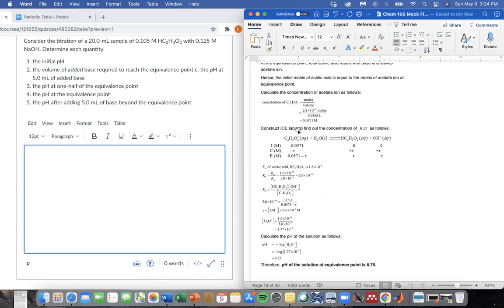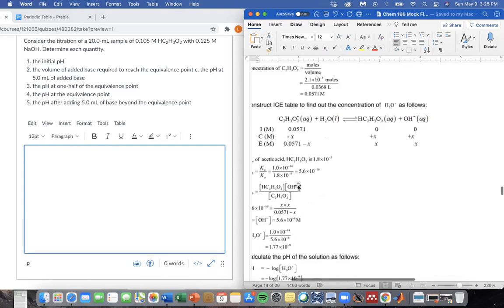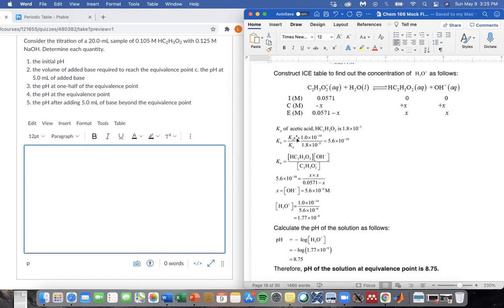And so in order to solve for the concentration of OH minus to solve for your pH, you have to do a classic Kb calculation with just the concentration of your C2H3O2 minus. Because you are given your Ka is 1.8 times 10 to the negative fifth, you'd solve for Kb as 5.6 times 10 to the negative 10th.